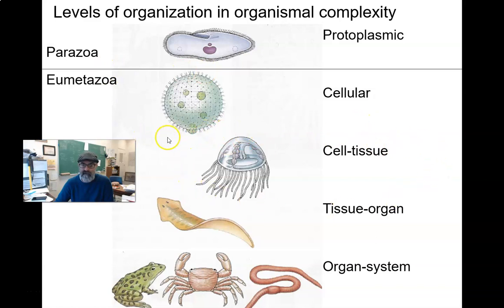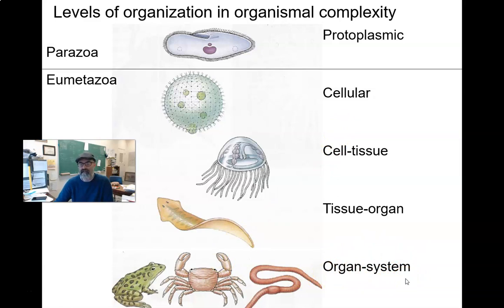Then we get to the radiate animals that occur here. It's not a hard and fast rule, but as a pattern through evolutionary time, the level of organization has increased until we occur here at the organ systems.